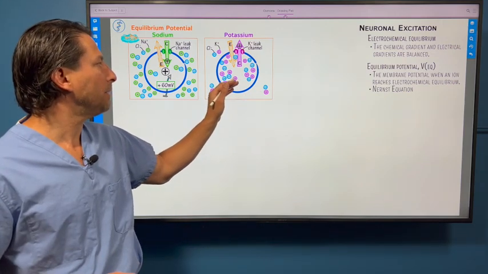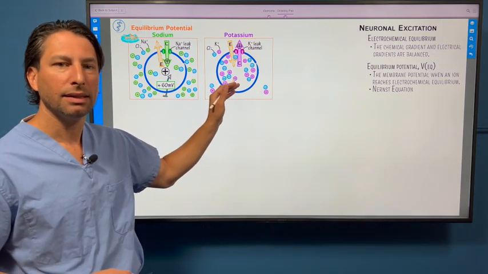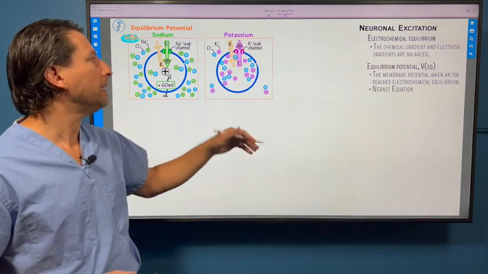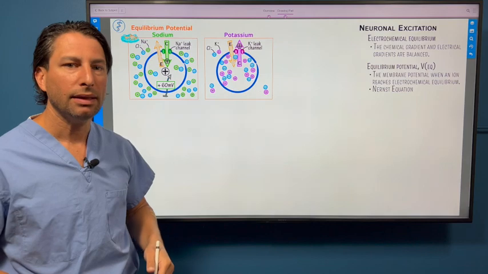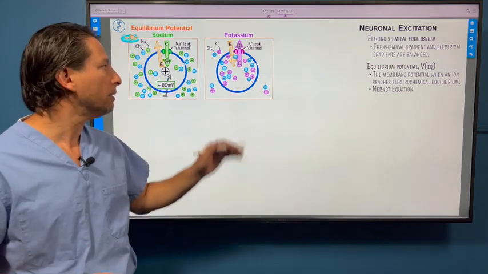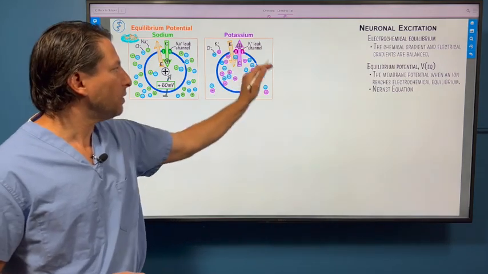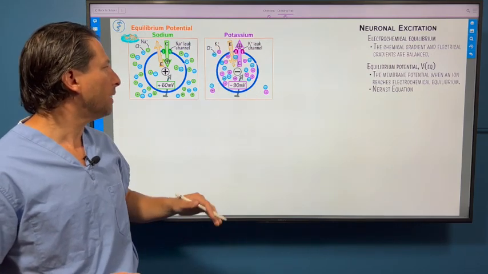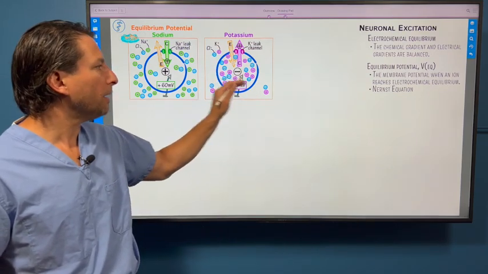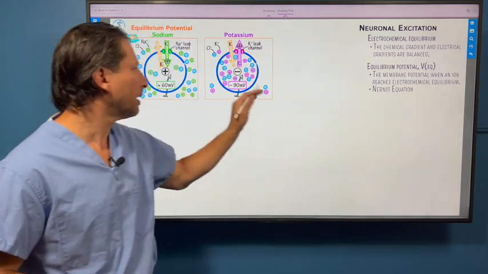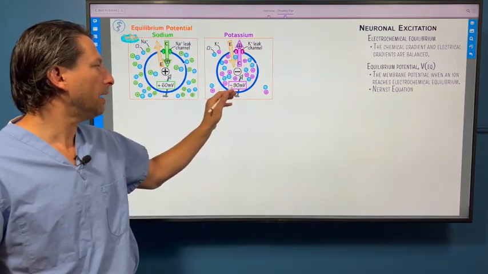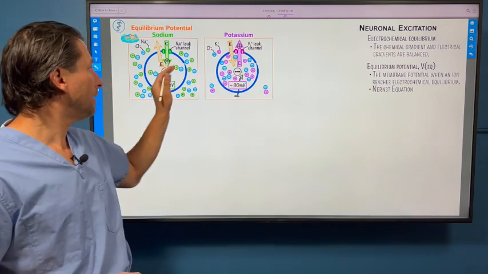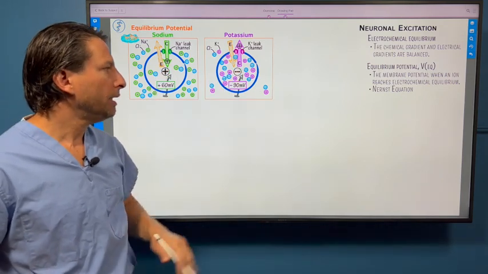So potassium here moves from inside the cell to outside of the cell through a leak channel, and the electrostatic gradient then is in the opposite direction as well. Positive charge is moving out, so positive charge has to move in. And ultimately, the equilibrium potential for this ion is roughly negative 90 millivolts. So here's a negative charge and then a positive charge.